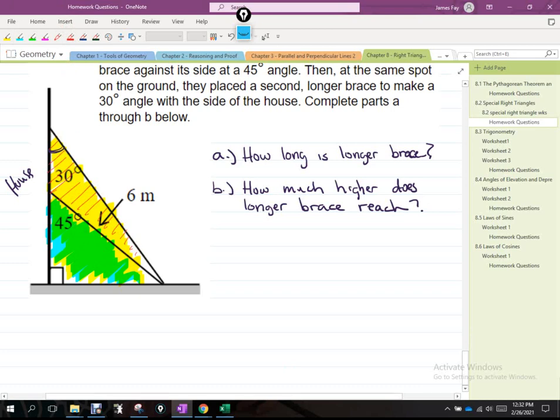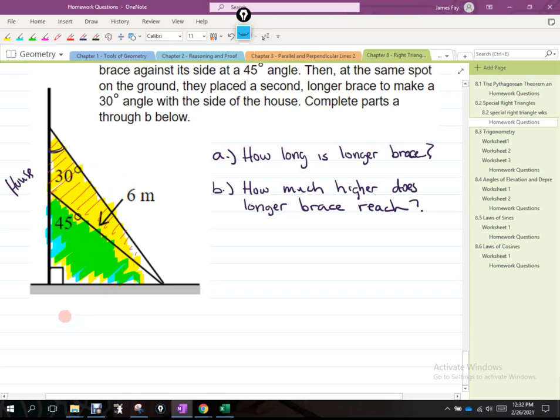What we'll find out later on when we get to laws of sines and laws of cosines in this class is that this question can be answered looking at just that yellow triangle with the red hashes through it, instead of looking at the triangles that we're going to focus on right now. But right now, based off of what we know, let's just look at that green triangle.